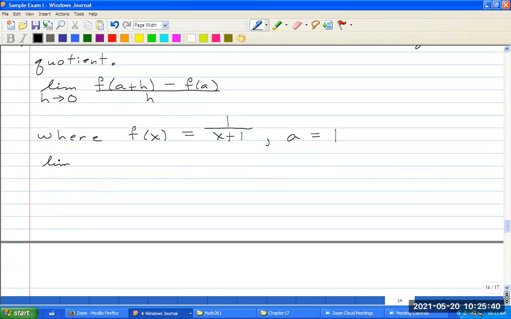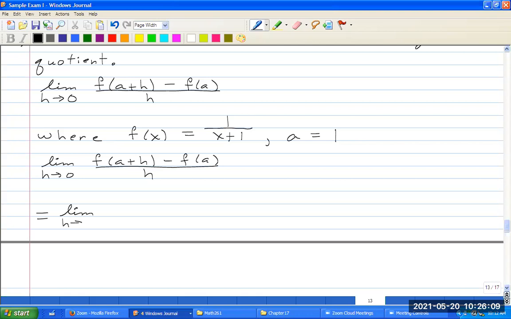So the limit as h approaches 0 of f of a plus h minus f of a over h. Limit as h approaches 0 of 1 over, I'm going to replace x by a plus h, which in this case is 1 plus h, minus, replace a by 1.